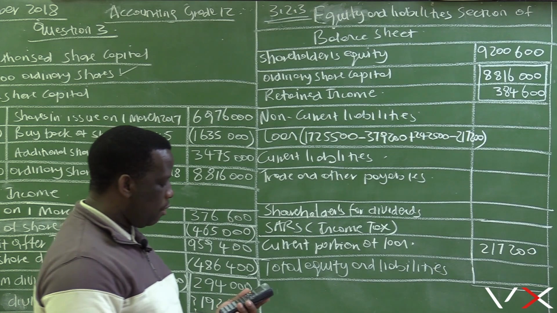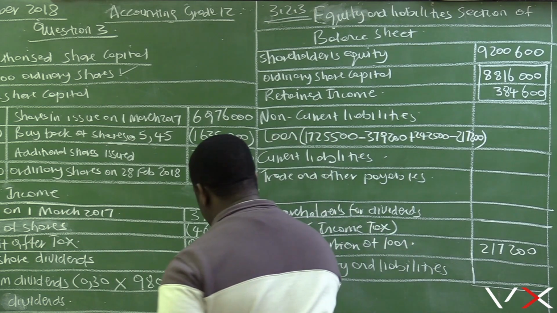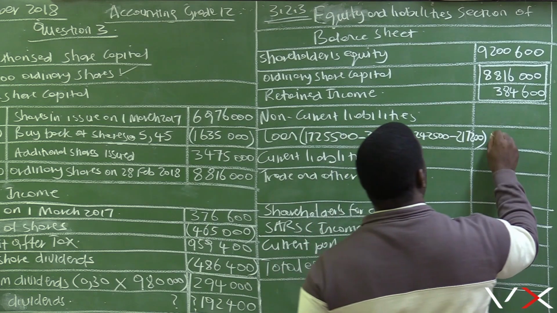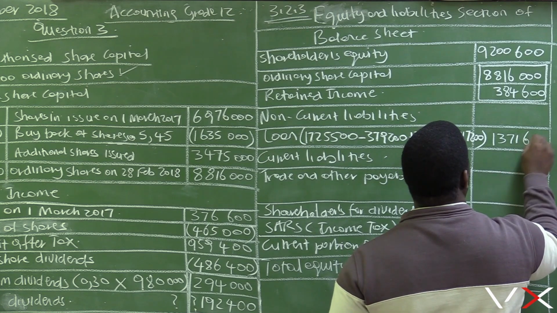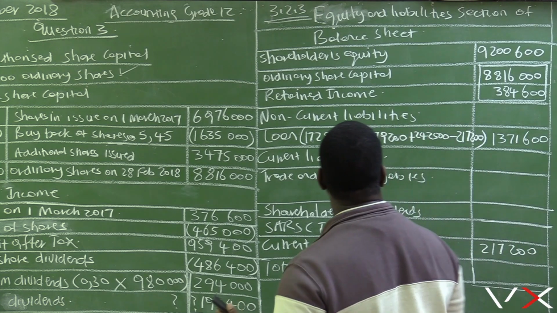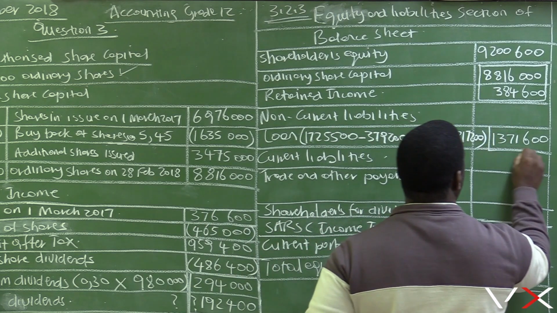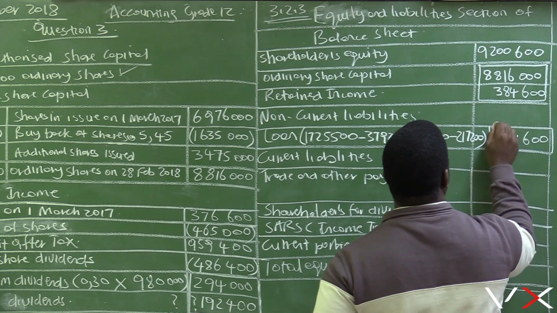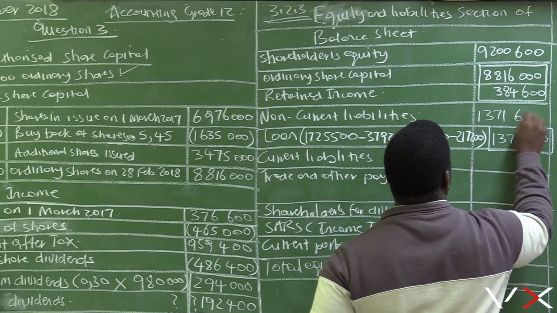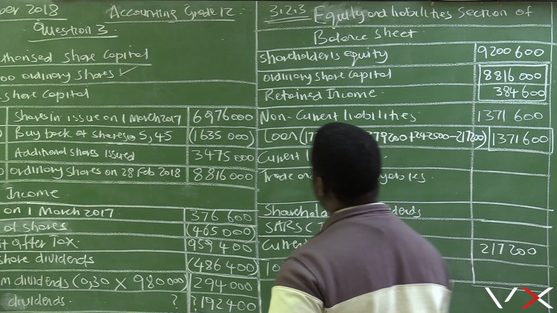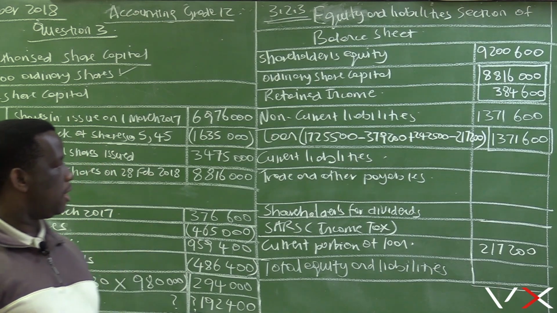So it is 1,371,600. Our non-current liabilities is 1,371,600. And therefore our total non-current liabilities is going to be 1,371,600. The liabilities that will last a long period of time, the non-current liabilities.